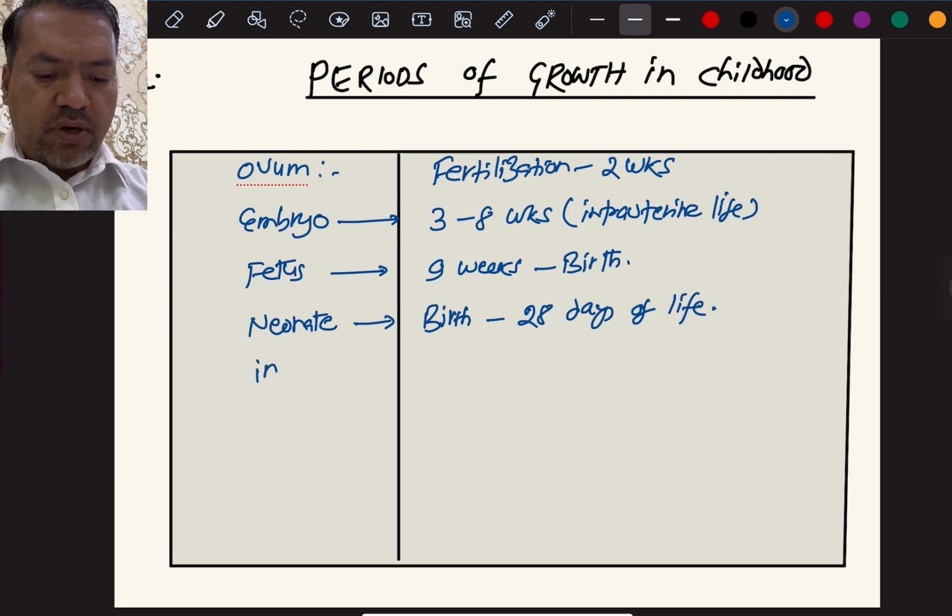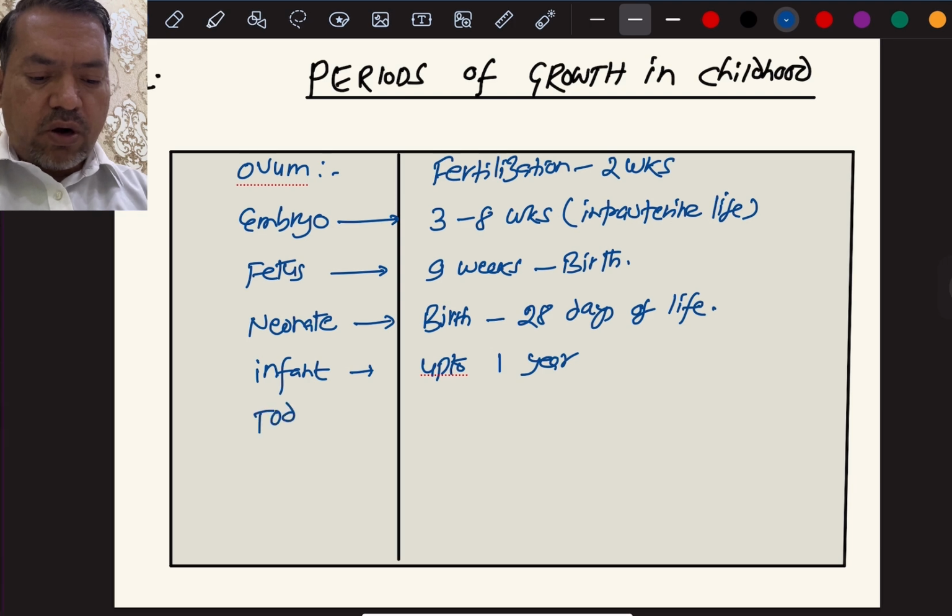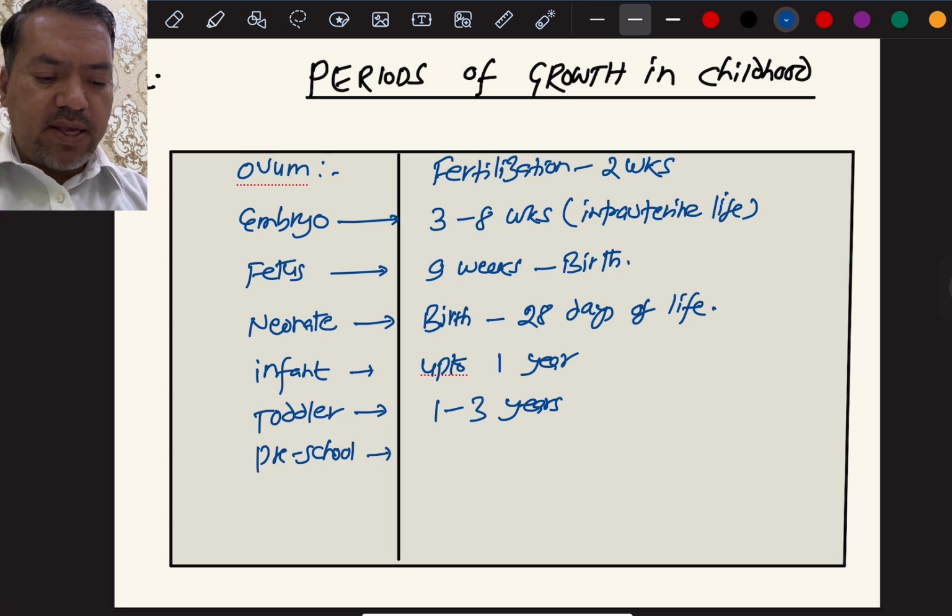Now what is infant? Infant is up to 1 year. Now what is toddler? Toddler is 1 to 3 years. Now preschool age child is from 3 to 6 years.